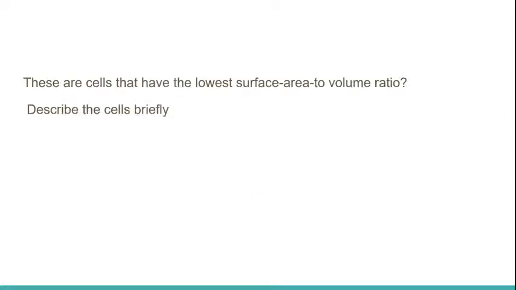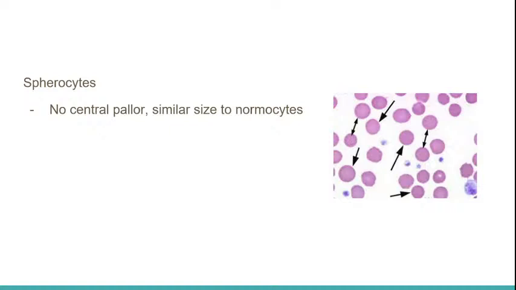Now, these are cells that have the lowest surface area to volume ratio. These cells are aptly known as spherocytes. And spherocytes are characterized as RBCs without a central pallor, and they have a similar size to normocytes.